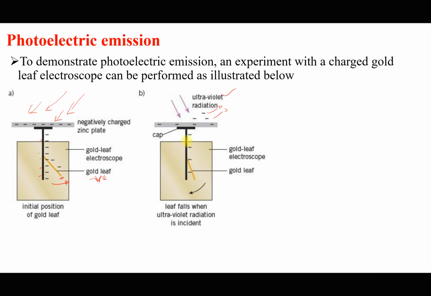The rod becomes less negative, and therefore the gold leaf is seen to collapse. Collapse of the gold leaf indicates that the repulsive force between the leaf and the rod has reduced, simply because the negative charges which were flowing through the rod are now being lost to the surrounding. That is what we call photoelectric emission.